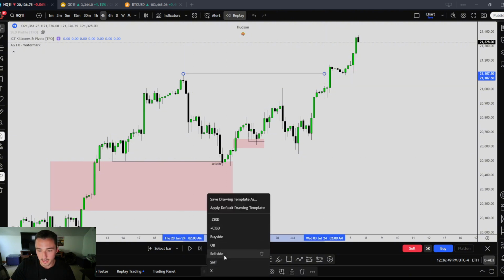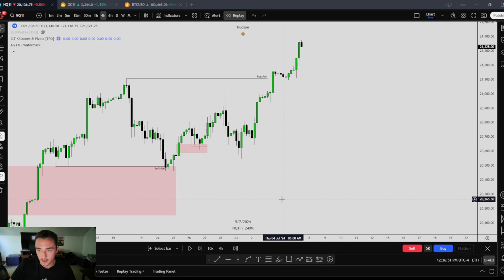So we're saying that this is the draw on liquidity. Now from here we come back down, not taking this high yet, retake this low, which is fine because we continuously respect this 4-hour fair value gap. Bodies tell the story, wicks do the damage.